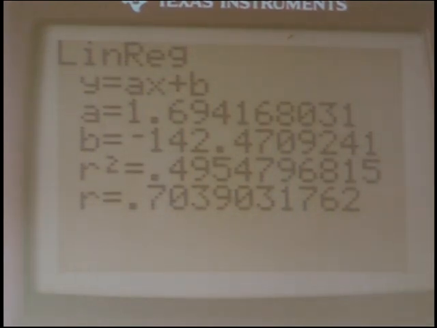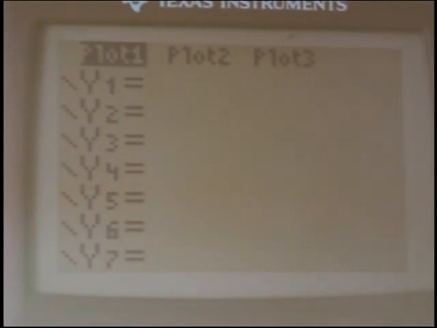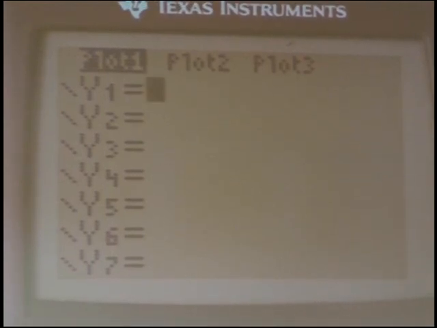Okay, so once you have this output on your home screen and the scatter plot on your graphics screen, you can graph the equation of the line over top of the scatter plot or with the scatter plot. So to do that, you hit y equals, and you want your cursor flashing in front of y1. So this is your equation editor. You're going to capture the equation of the line from the home screen, glue it into the equation editor, and then allow the calculator to graph it, okay?